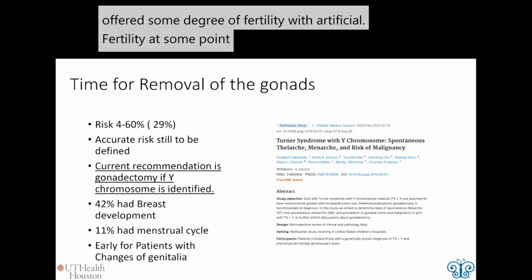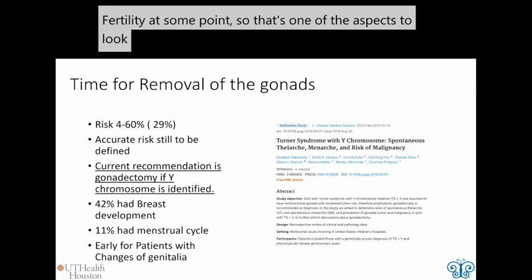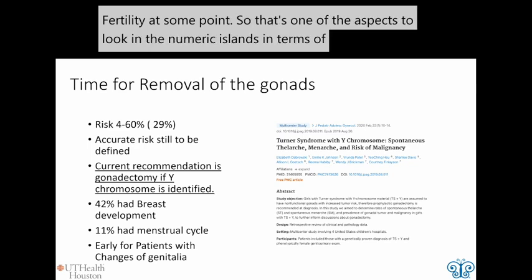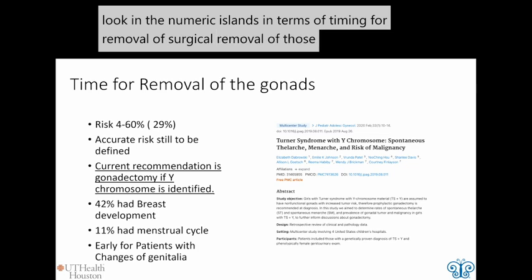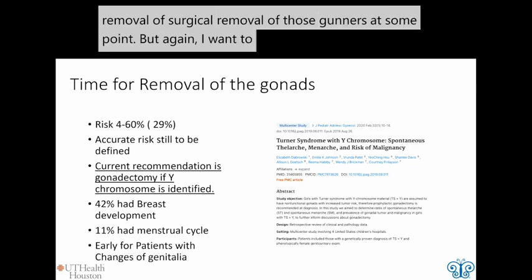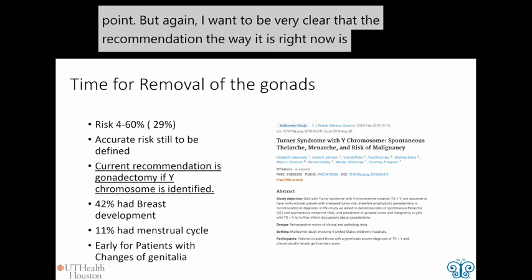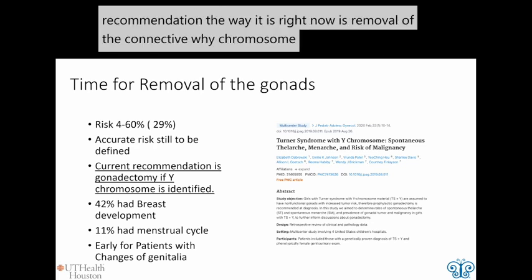So that's one of the aspects to look at in the newer guidelines in terms of timing for surgical removal of those gonads at some point. But again, I want to be very clear that the recommendation, the way it is right now, is removal of the gonads if Y chromosome material is identified.